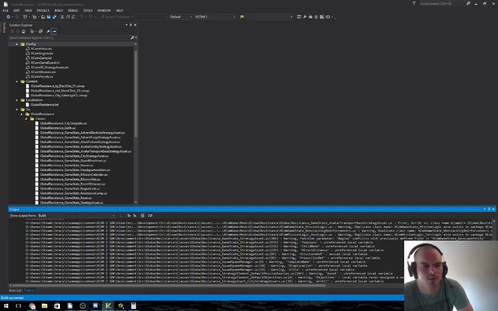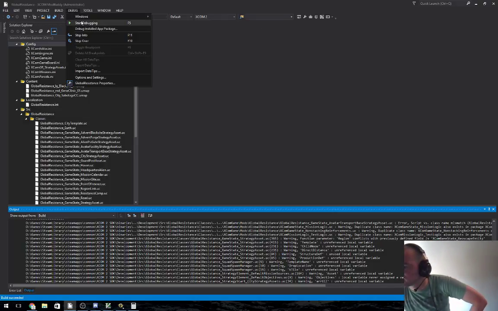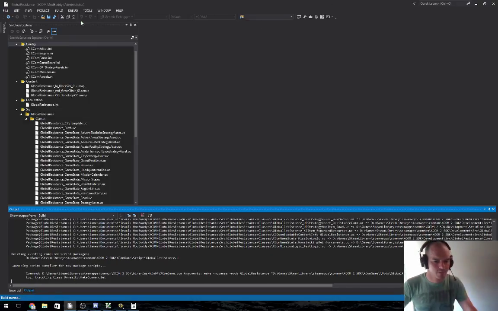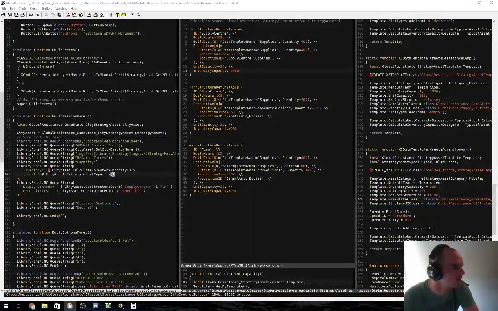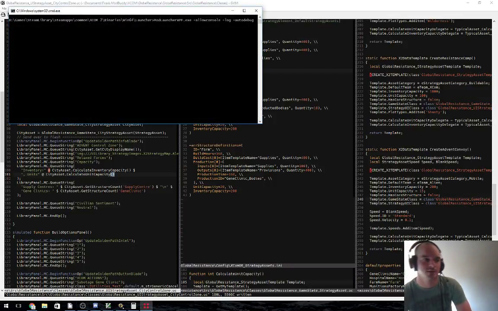City asset dot calculate unit capacity. So we've got to run the function. That ain't gonna work. That worked. All right.